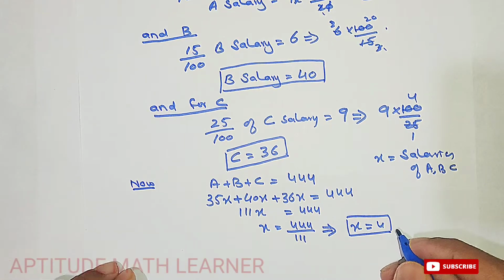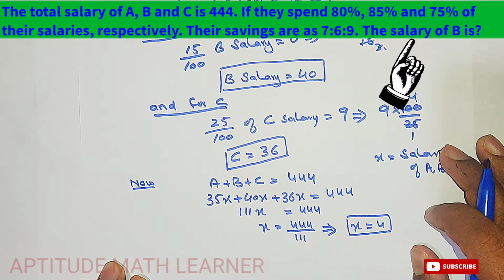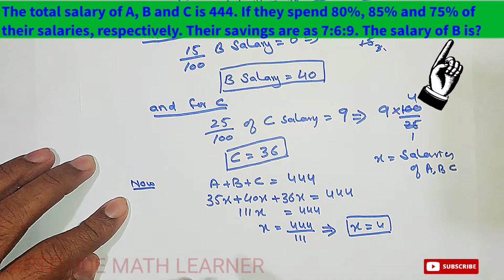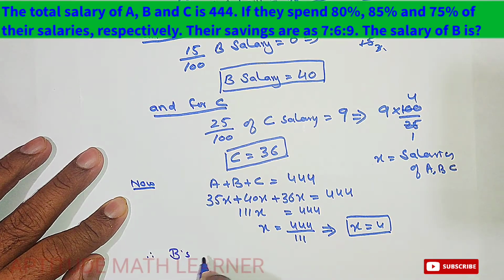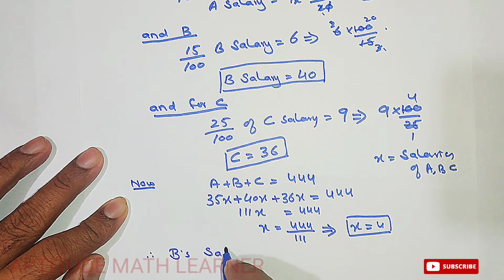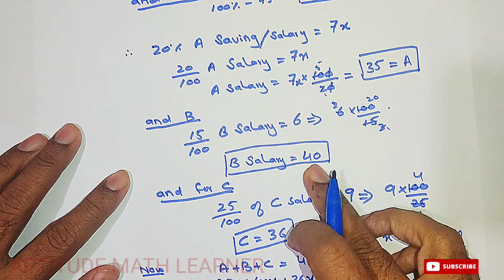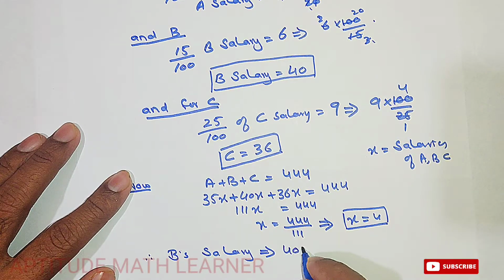Now in the last part, the question asks the salary of B. B's salary is in the ratio 40, so we get 40x.